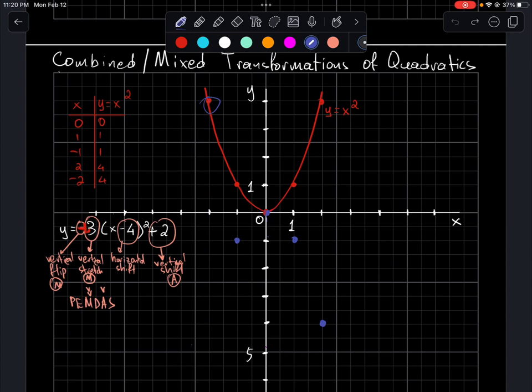It was 4 up, now it's 4 down. Okay, those are the points of what I'm getting when I do the flip. Let's connect those points. Make sure you do the vertex kind of rounded.